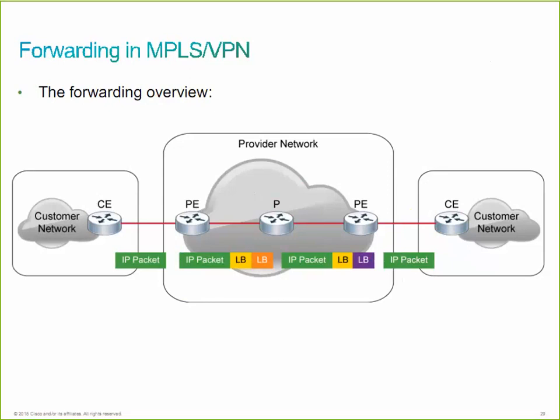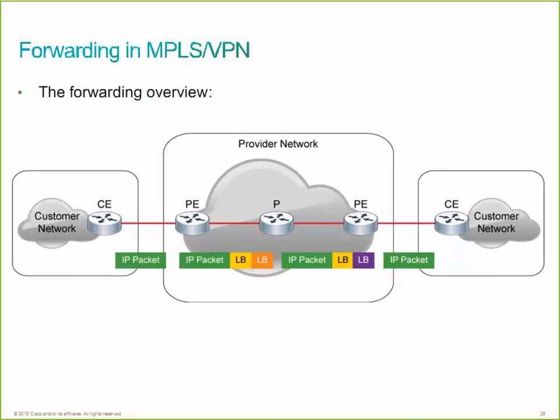Okay, so that label is our switching label. That label is going to change from router to router, switch to switch in the network. The labeled packet is forwarded at each hop through the service provider core.